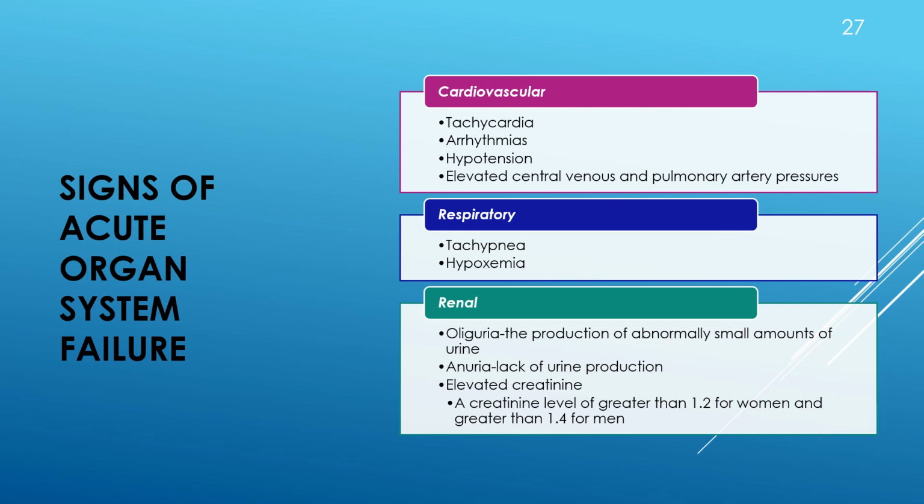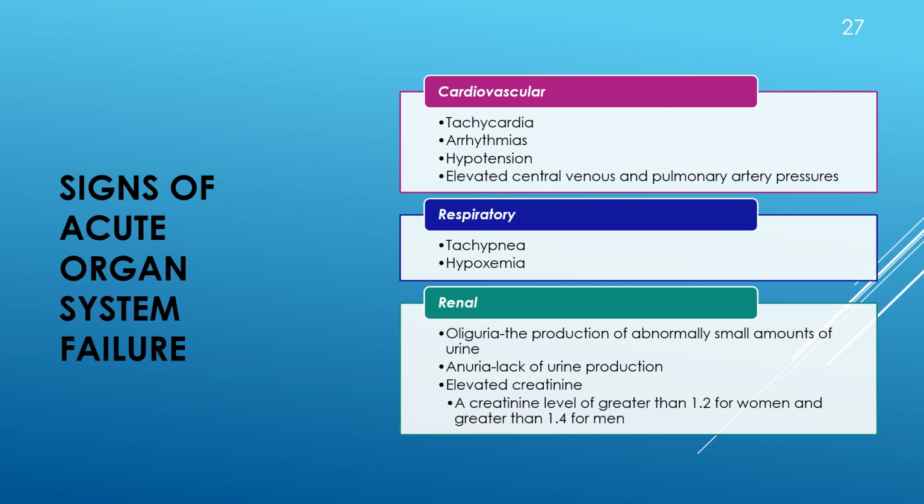For example, from a cardiovascular point of view, you're going to be tachycardic, you're going to have arrhythmias, you might be hypotensive, you're going to have elevated central venous and pulmonary arterial pressures. From a respiratory point of view, you're going to be tachypneic, you're going to be hypoxic, and from a renal point of view, you're going to be producing a small amount of urine, and you're going to have elevated creatinine levels.